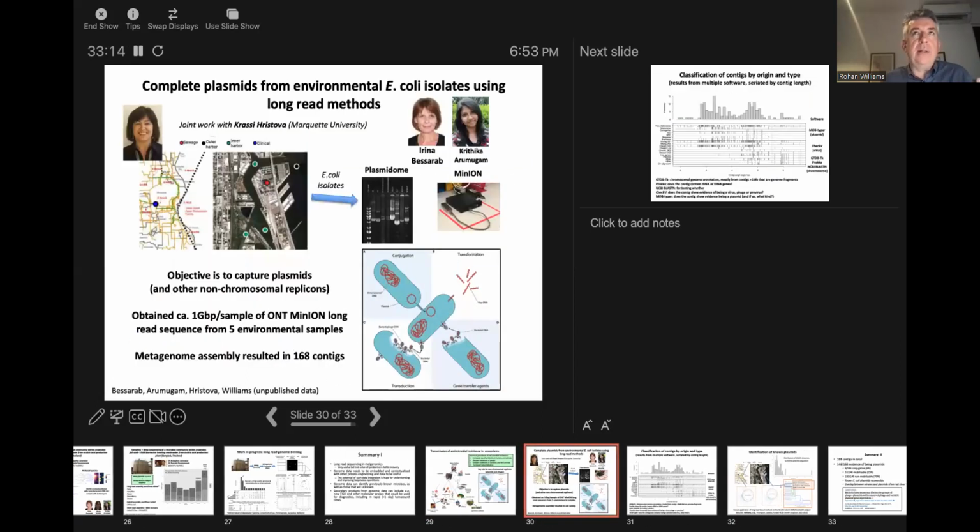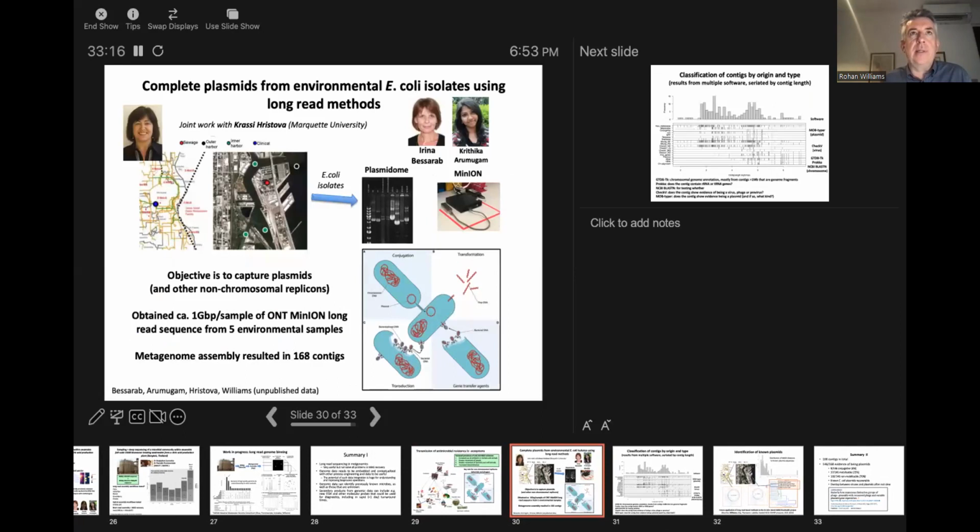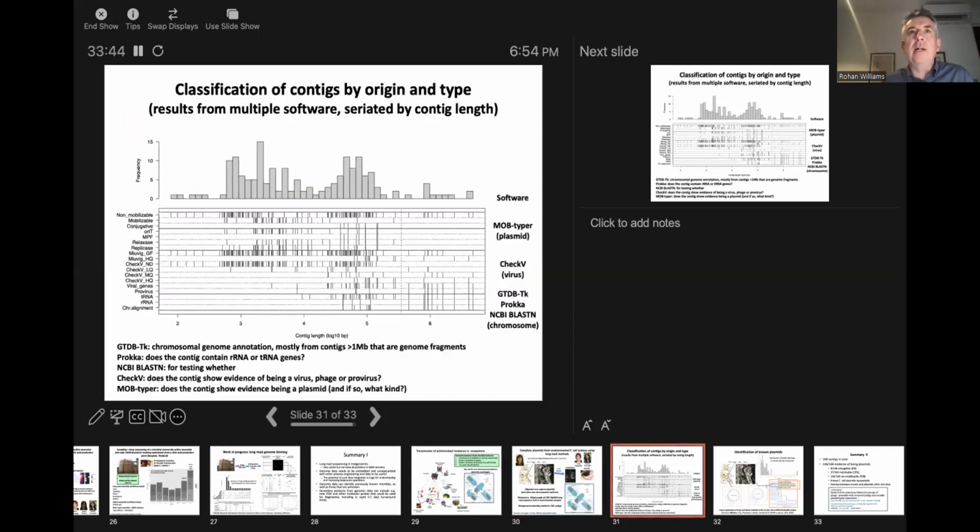What we've done here is a collaboration. Krasi Hystrova from Marquette University is the lead PI on this, but we've provided an analysis of these plasmidome extractions from E. coli isolates. Krasi and her group isolate E. coli from different human and natural ecosystems and perform DNA extractions which bias towards the plasmidome being extracted. And we can sequence these on MinION.